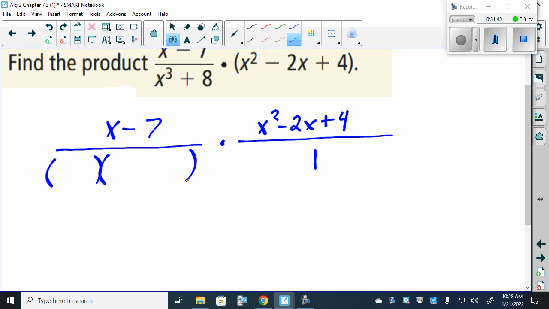Because the cube root of x cubed is x, and the cube root of 8 is 2. Okay, that does kind of line up with this quadratic part. Yes, because the first term is just going to be x squared. And we know the last term is going to be our 2 squared, which is 4.